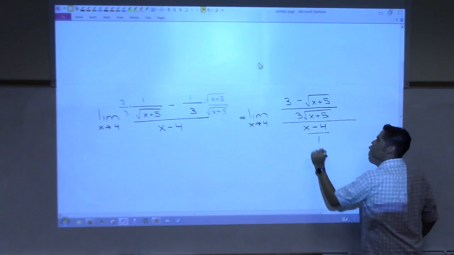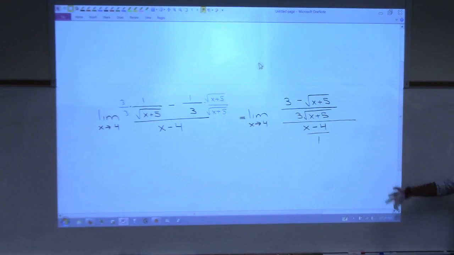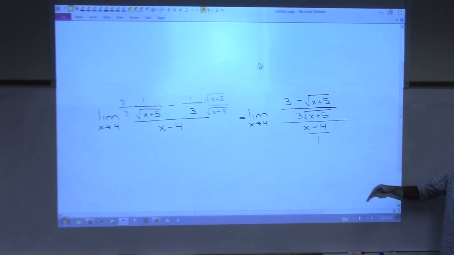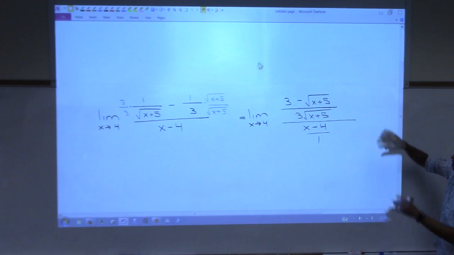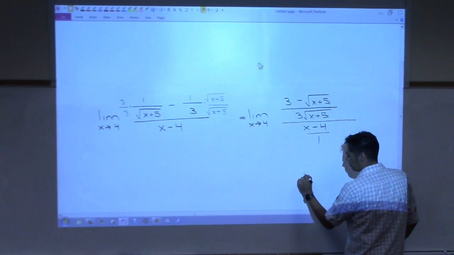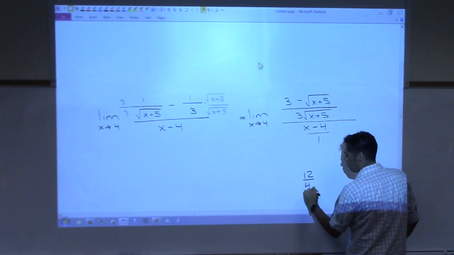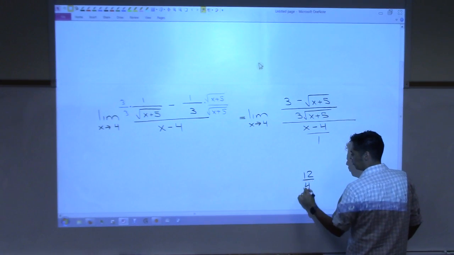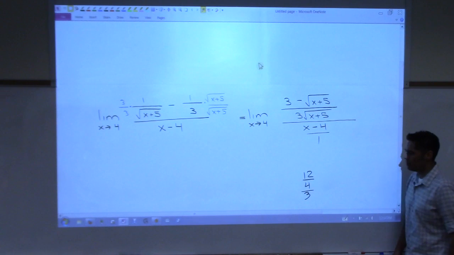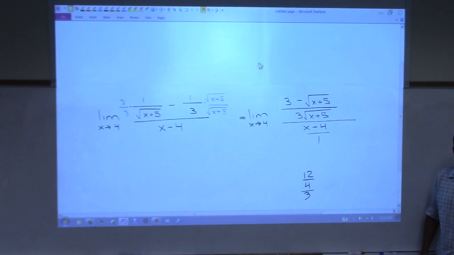And yeah, if you want to put it over 1, go ahead. I always like to put it over 1 because I know I'm going to wind up doing something with it eventually. Maybe, I don't know. But I like the balanced look of that. It's kind of like this. If I write 12 over 4 over 3, what is that?